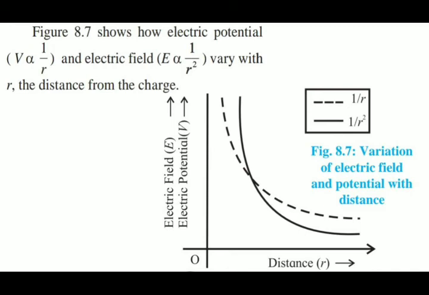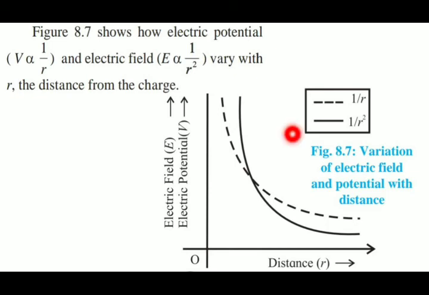Okay, so you can see this graph, where this dotted line is the electric potential, and this black one is the electric field.